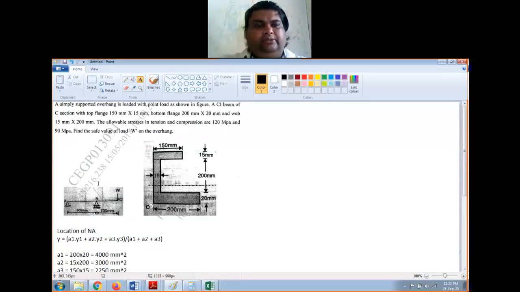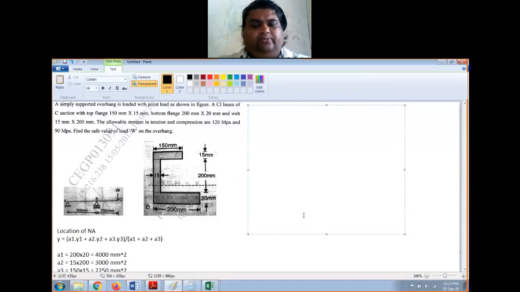It's an overhanging beam which is simply supported at A and B, and B and C is the overhang. The length between A and B is 900, and between B and C it is 200 mm.